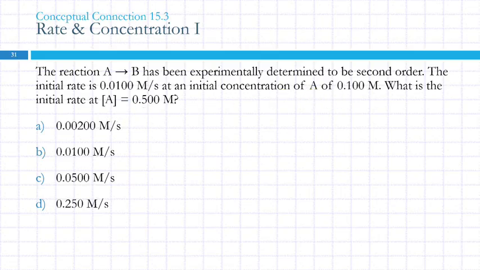What are we doing? Multiplying by 5, right? 0.5 divided by 0.1 is 5. So initially it was 0.1, and now it's 0.5. So it's being multiplied by 5.